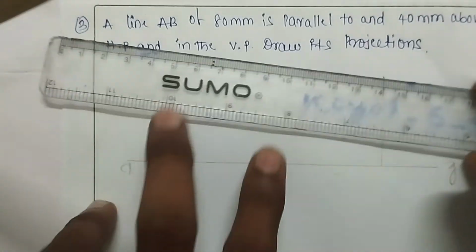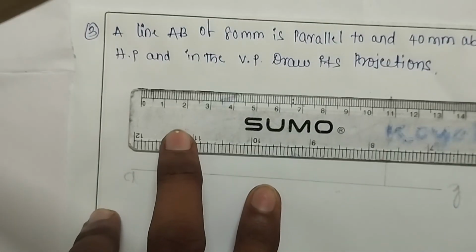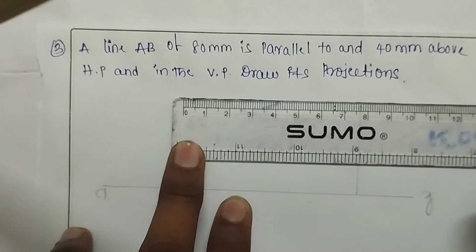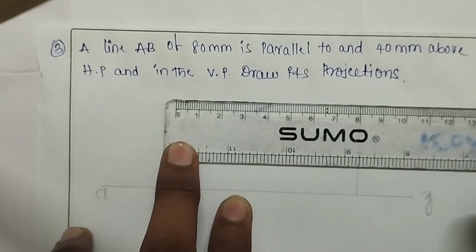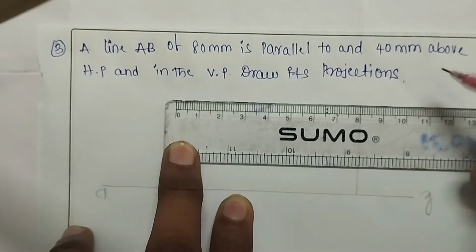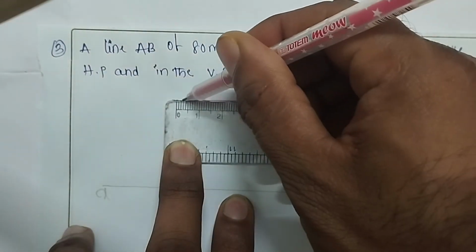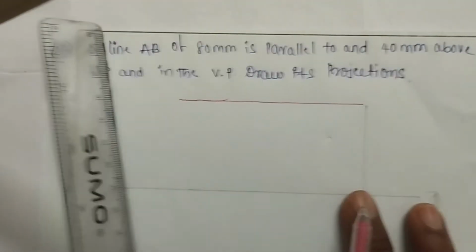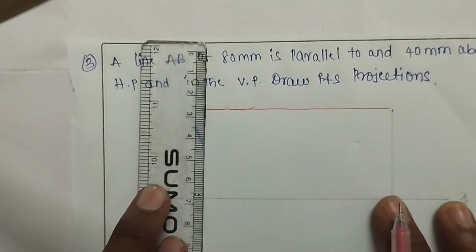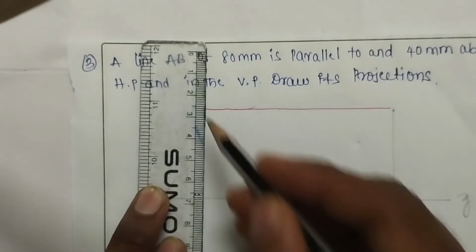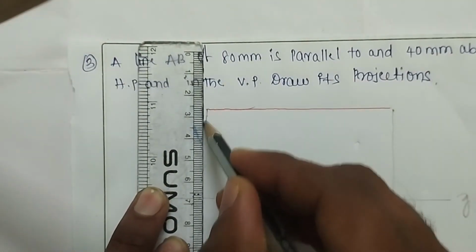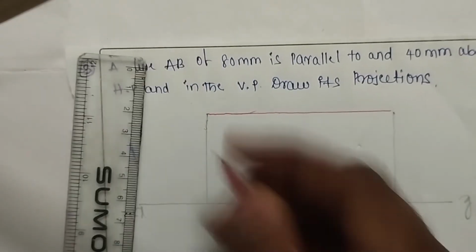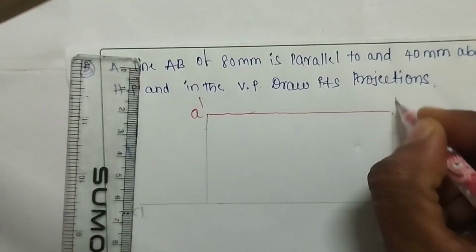Next, parallel to the reference line, I am taking a line of 80 mm. And from here I am joining this end to the same reference line, so that this is A dash and this is B dash.